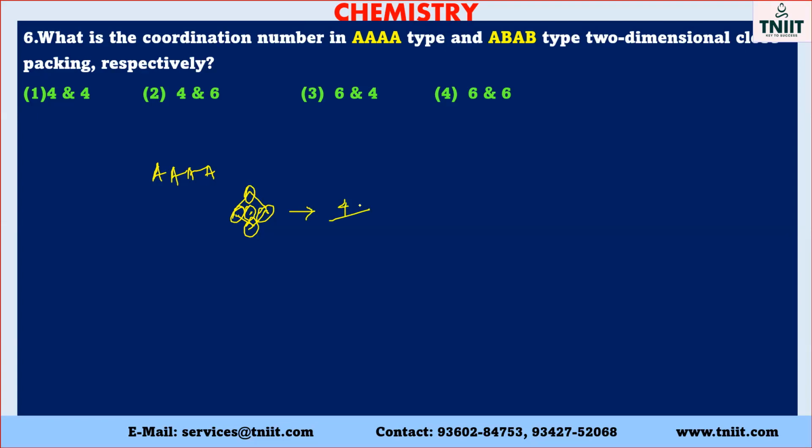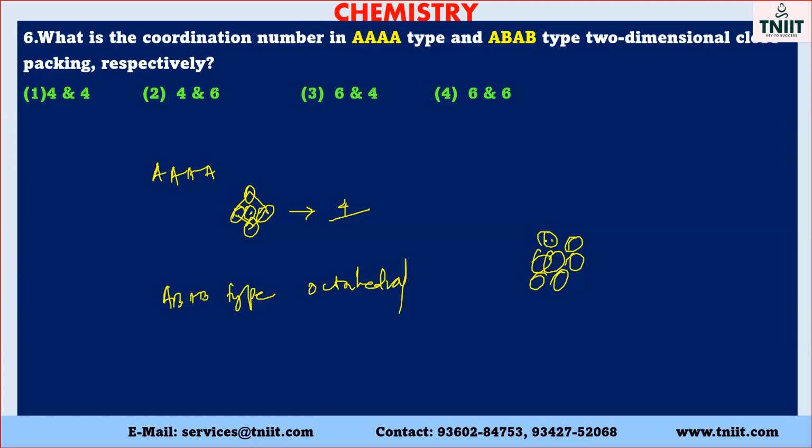Tetrahedral void, it's called a tetrahedral void. Now coming to AB type, it will be octahedral. Now, when we say octahedral, a sphere will be in contact with 6 other particles. When it is in contact with 6 other particles, you will have a hexagon structure.